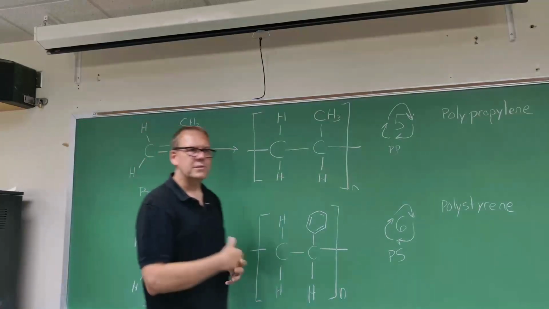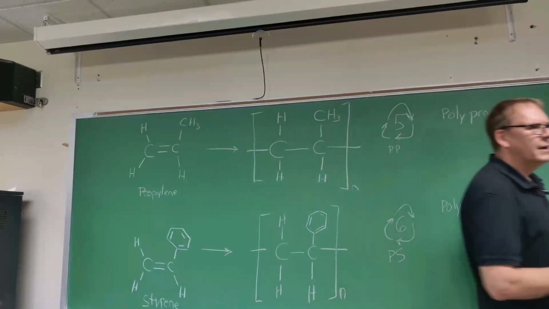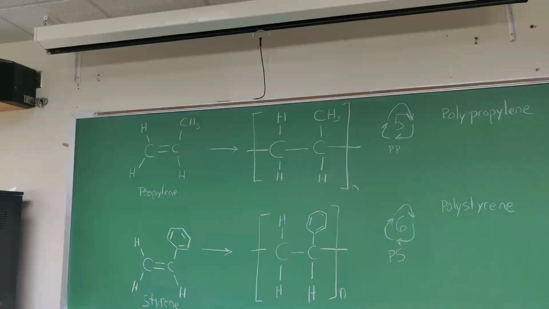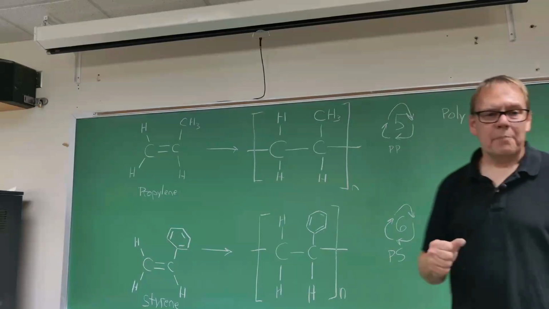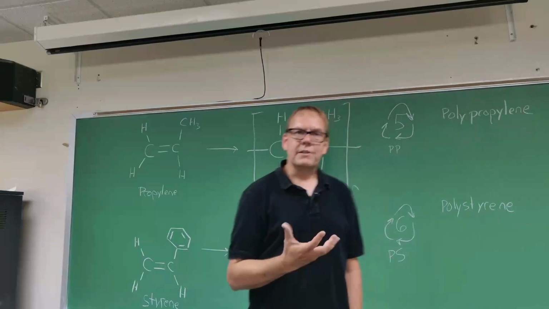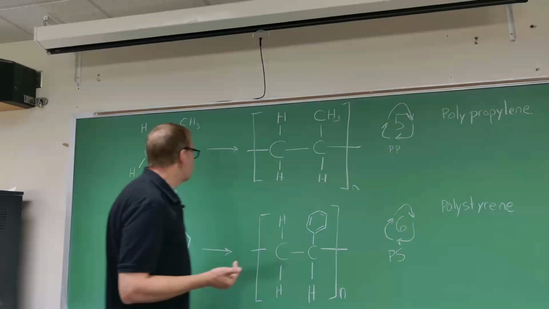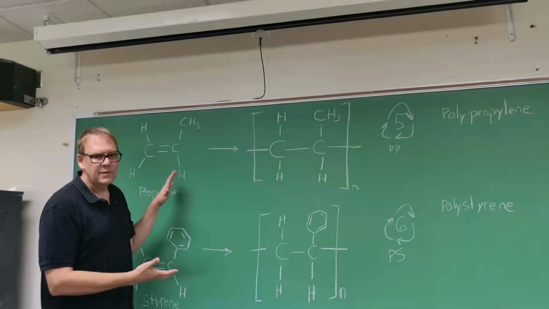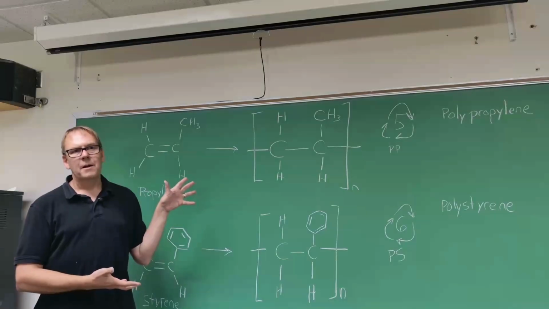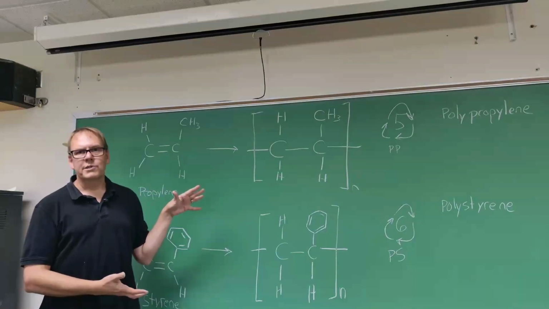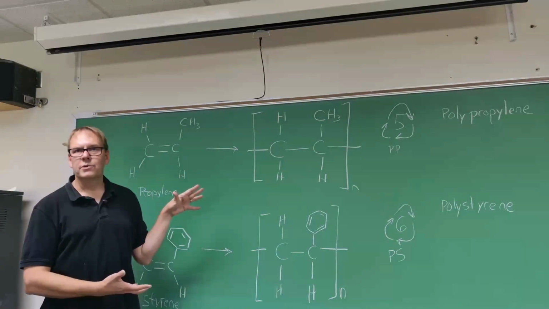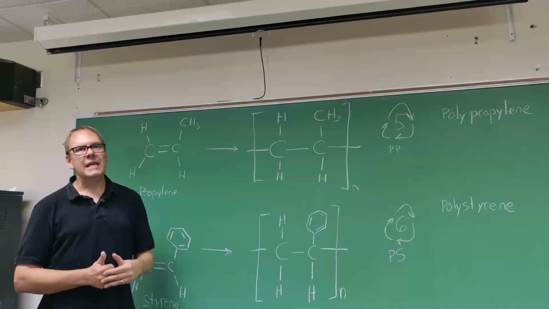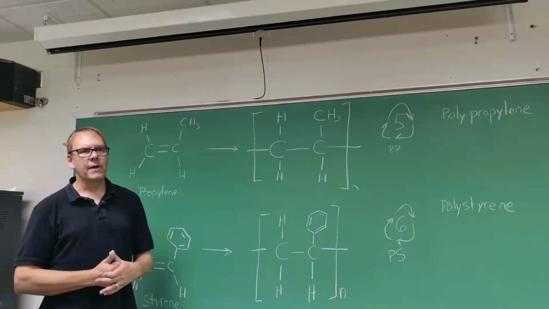So do you have a question over there? PET is polymer number 1, yeah. So that's one that is right at the top of the recyclability chart, but it's a different kind of polymer. It doesn't form from radical polymerization like these, so that's why we're not talking about it right here. But we'll get to it later on in the course. When we start talking about esters towards the end of the course, we'll talk about PETE. That's polyethylene terephthalate.